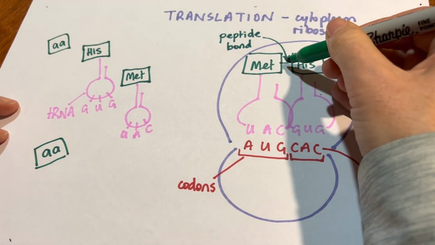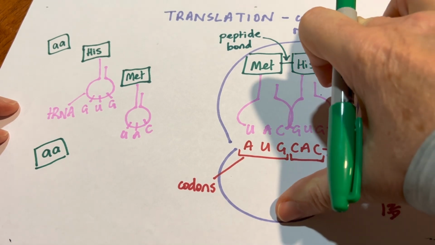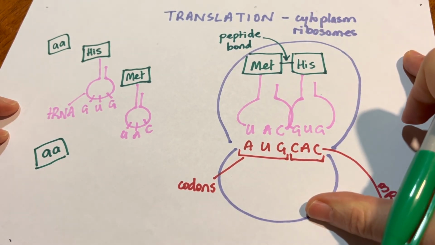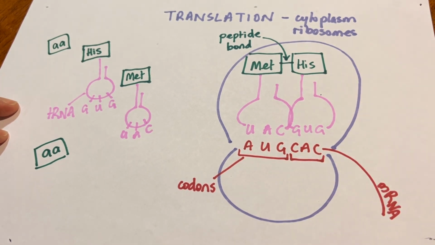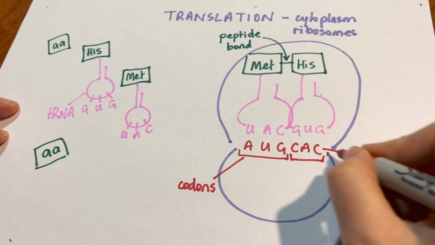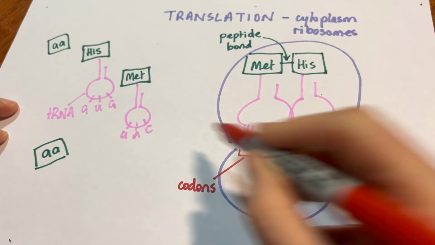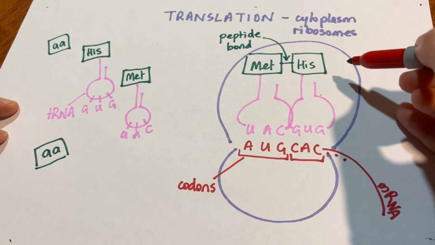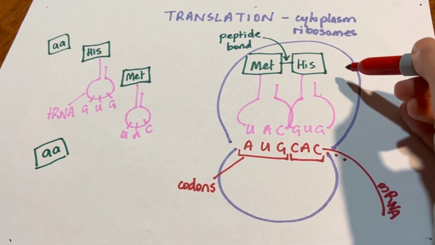We've joined them together. All we have to do now is have this whole ribosome track one more codon along the mRNA. It would read the next 3 bases here, 1, 2, 3, and the new tRNA would come in, bringing the next amino acid and therefore elongating the polypeptide.